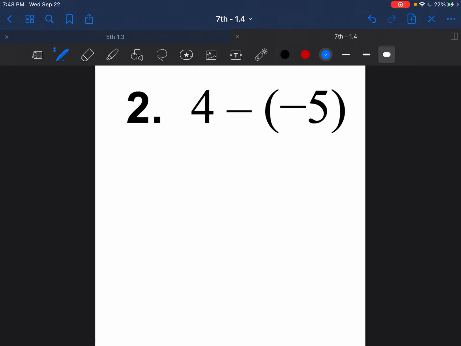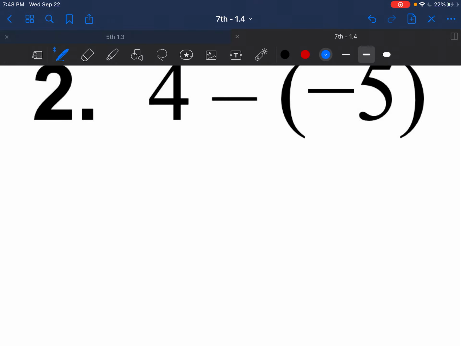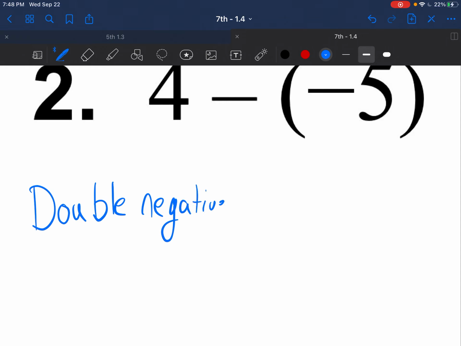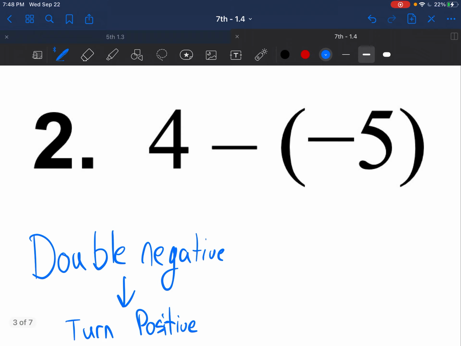We talked a little bit about this earlier today, but I want to remind you, this is called a double negative, and a double negative will turn positive. Let me remind you why. Technically, there's an invisible number 1 here, and we are going to distribute this negative sign over like this.